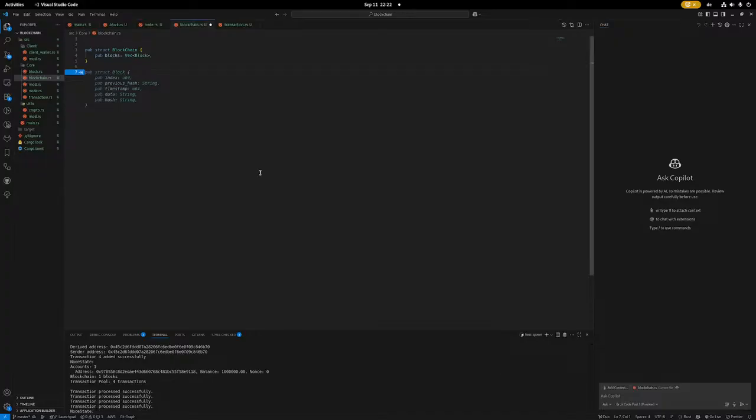Then we sequentially take each block, validate it, and we put it inside the heap. No, sorry, not the heap. Inside the stack. I'm obviously a bit tired now.